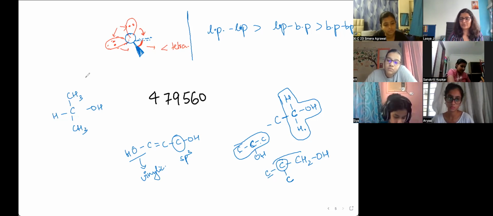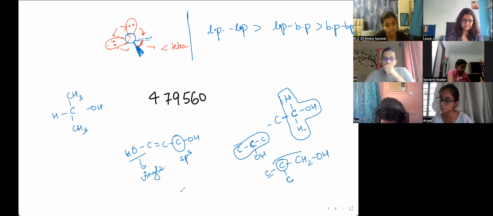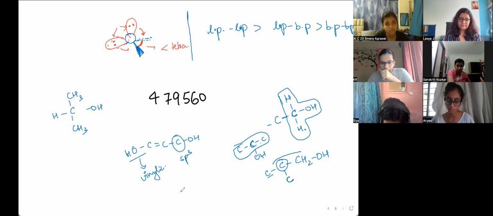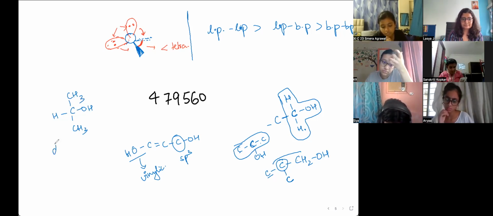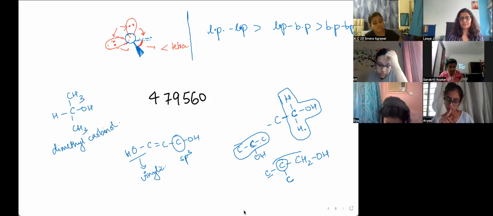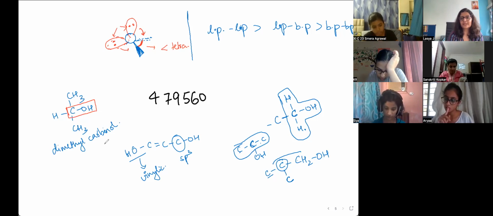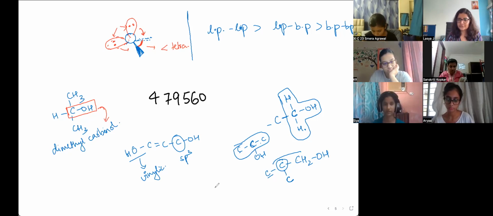So this is dimethyl carbinol. Where have you drawn carbinol का structure? यहाँ पे. This one. So the carbinol part is the single C bonded to OH. If it is just carbinol, that's another name for methanol. अगर कुछ substituted है तो you use that as a prefix.